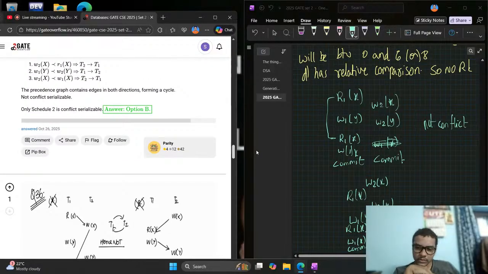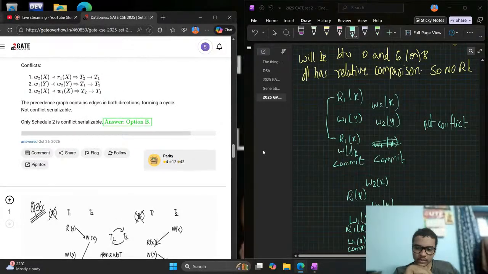Only schedule 2 is not conflict serializable. W2 anything W1y. Yeah, but this one got committed before, so that doesn't work. W2y, W1y.